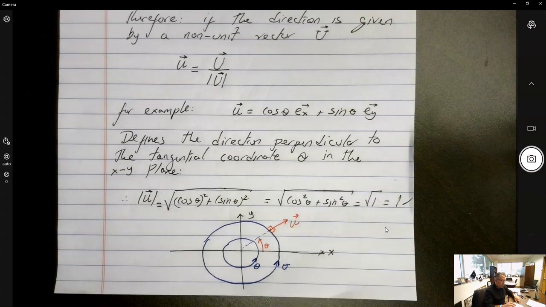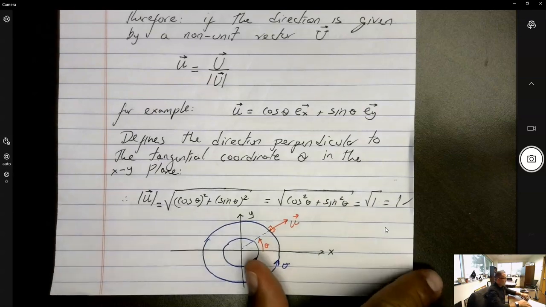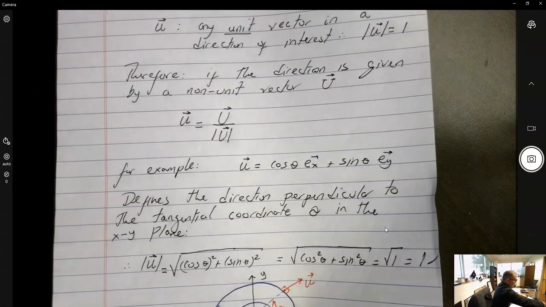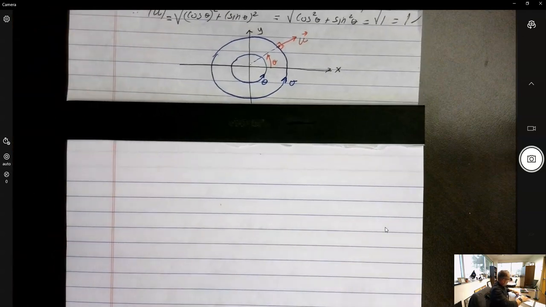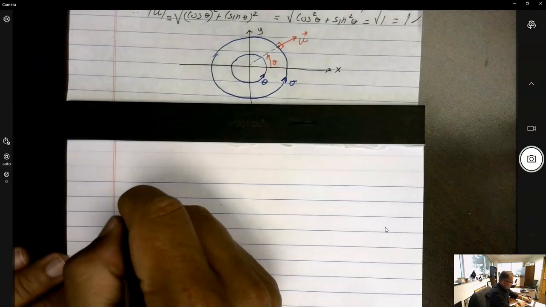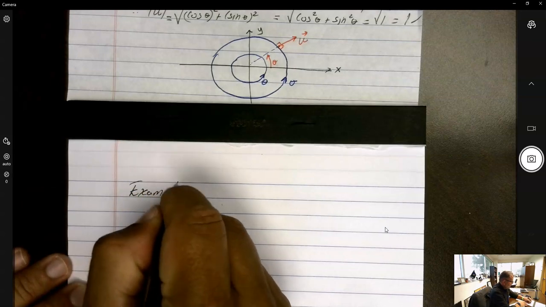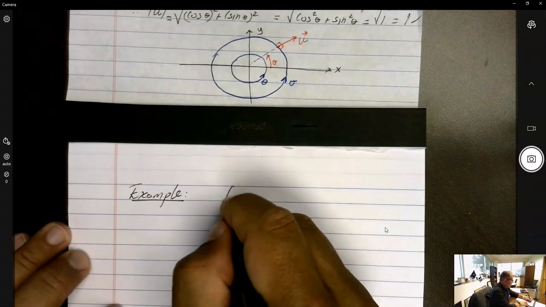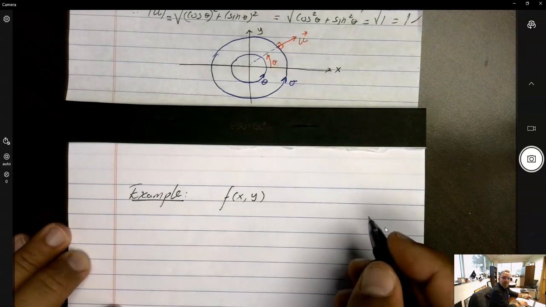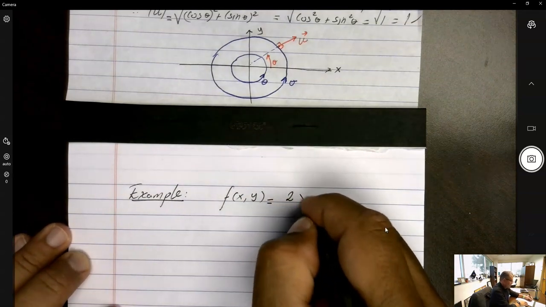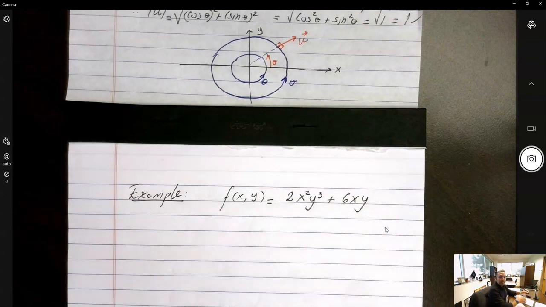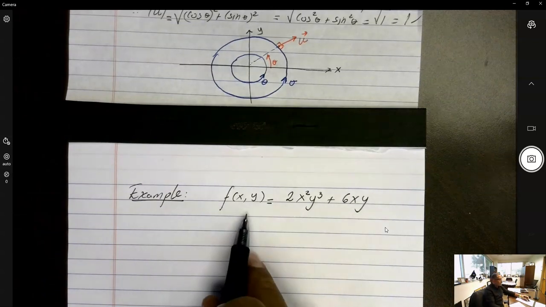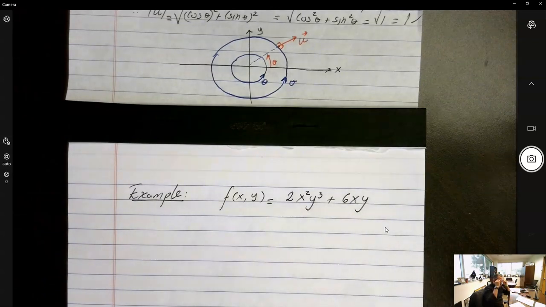So if we do that, let's say we are given this field, again a scalar field f, which represents whatever physically. Right now it's just, again, a mathematical expression, but it could represent the temperature on a plane, or whatever scalar field there could be in a plane.